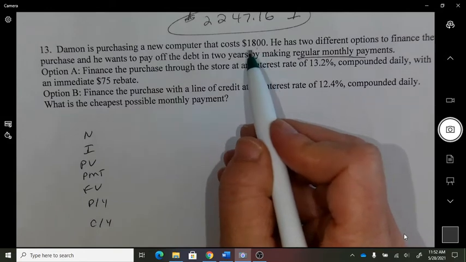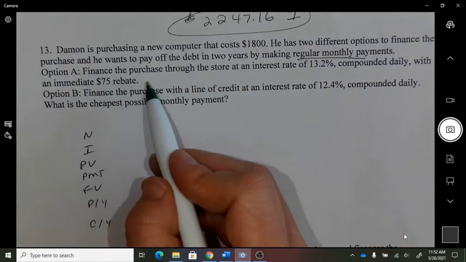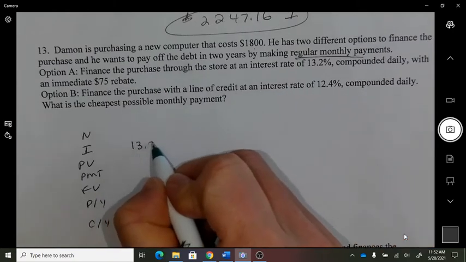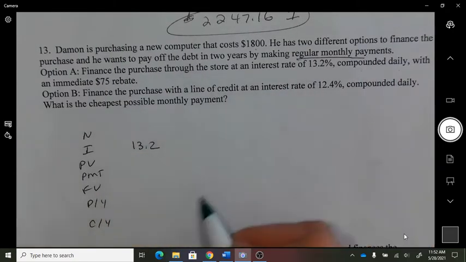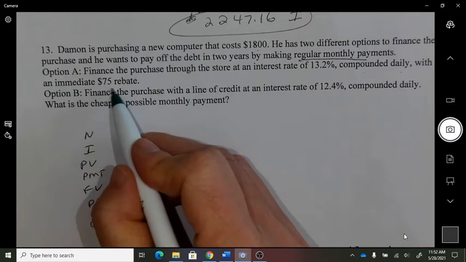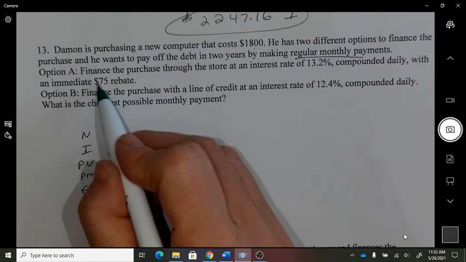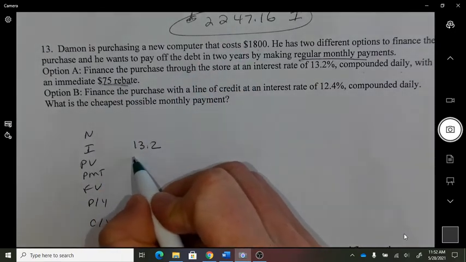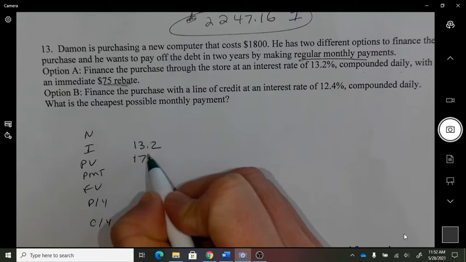Okay, so it cost him $1,800. Option A, we have a 13.2 interest rate, compounded daily, so 365, with an immediate $75 rebate. So that means it's off of my price. So instead of having $1,800, I'm going to have $1,725.